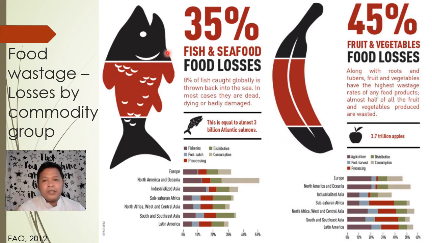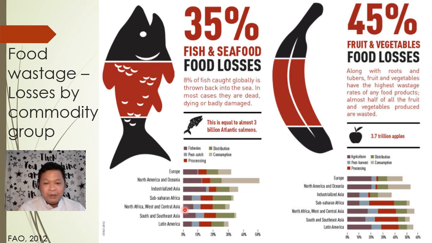So for aquatic and plant produce, the losses are 35% and 45% respectively. Again, as you can see in industrialized nations, it's mostly sa consumption part. Tayo nilang kainin yung isda or whatever, tatapon na, nagsawa na. Very curious ako sa North America, no, but sobrang laki nito. Okay.